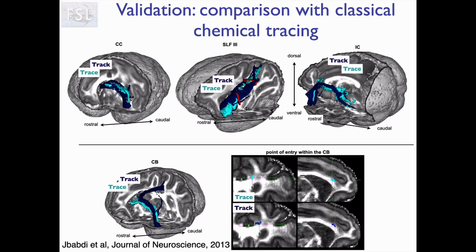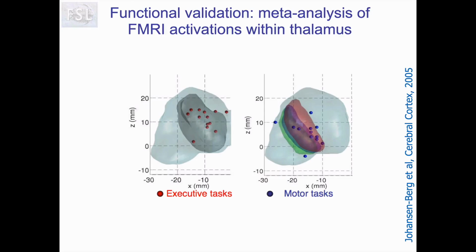So this is again one of those examples of false positives. But if we have decent regions of interest telling us where the tract starts and where it ends, then we can reliably reconstruct the shape of most of these tracts in agreement with what we would see in histology in post-mortem brains. And again, we saw this type of validation of tractography earlier when we looked at the parcellation of the thalamus and the overlap between where we saw functional activity and where we saw the corresponding structural connectivity from tractography from that region to the cortex.